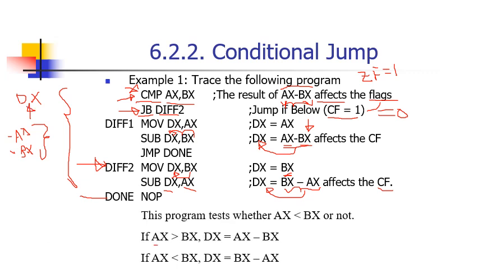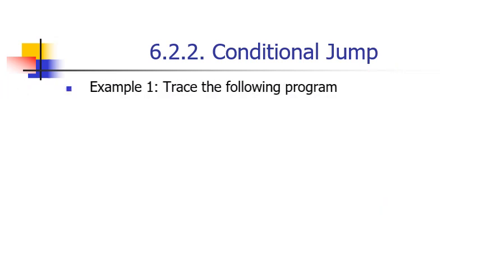You check: if AX is greater, you make AX minus BX and place it in DX. If AX is lower, you calculate BX minus AX and place it in DX.